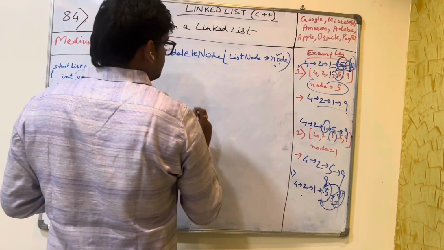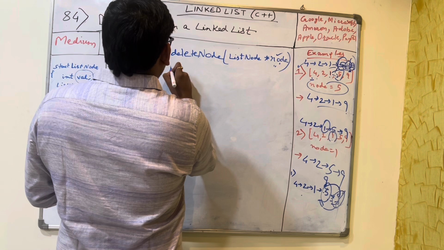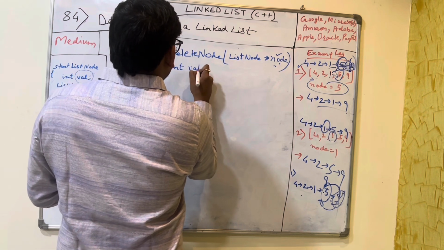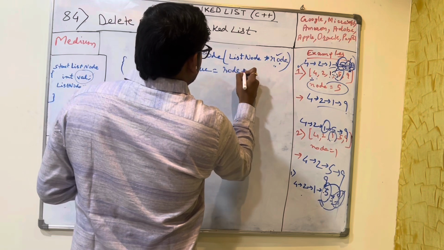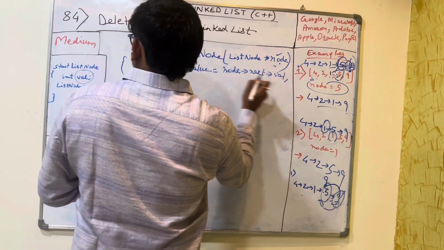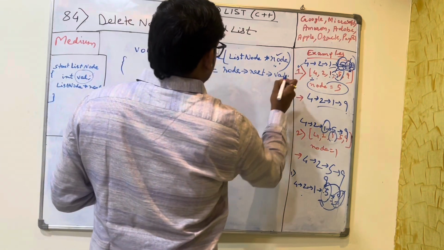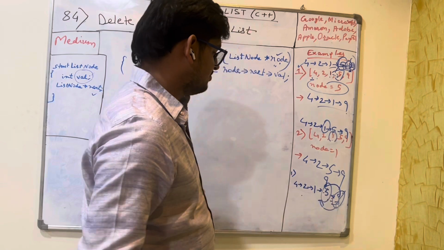So what we will do, we will have int value equal to node's next val, right? This is the val, node's next val. So now this value is node's next val.